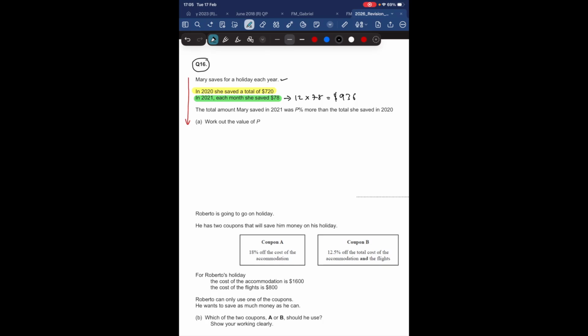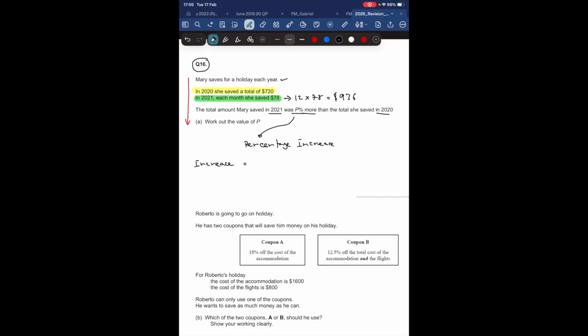The total amount of money saved in 2021 was P% more than she saved in 2020. What they're asking us to do here is work out a percentage increase. So we need to work out what the percentage increase has been from 2020 to 2021. So we work out the increase first.